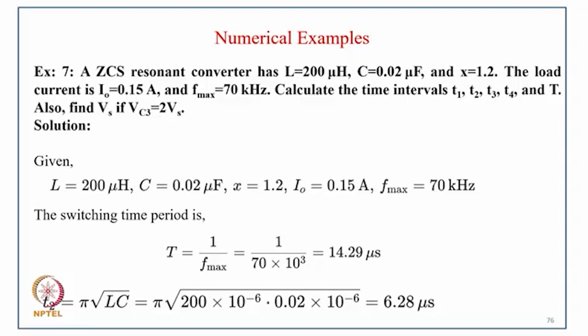So given here, for the solution: L equal to 200 microhenry, C equal to 0.02 microfarad, X equal to 1.2, I0 equal to 0.15, and F max equal to 70 kilohertz.